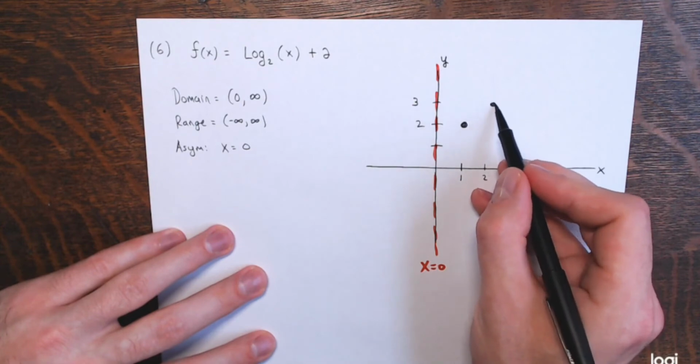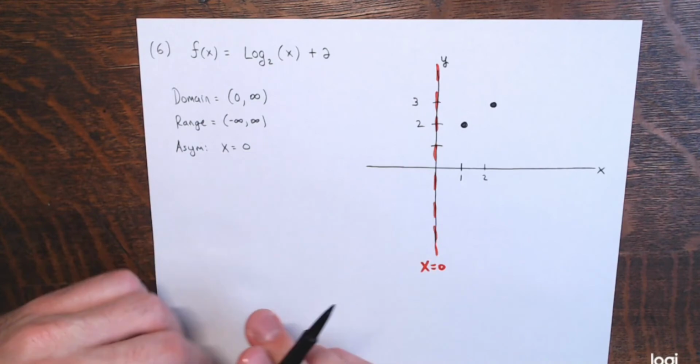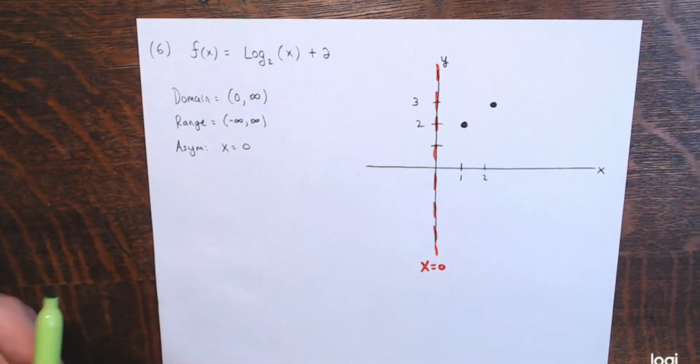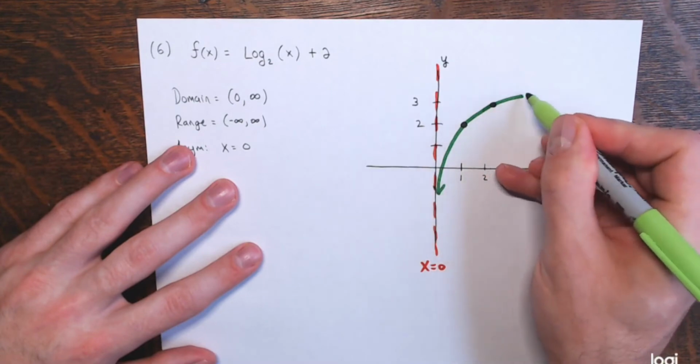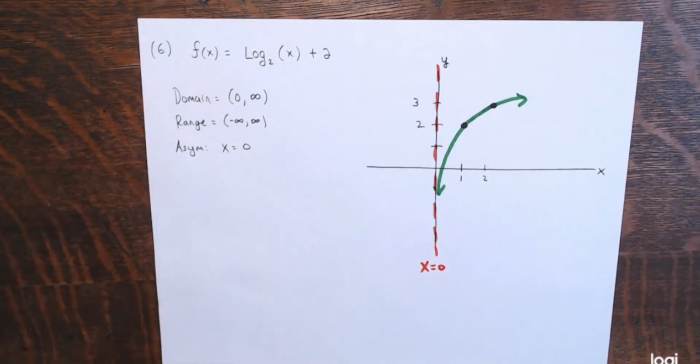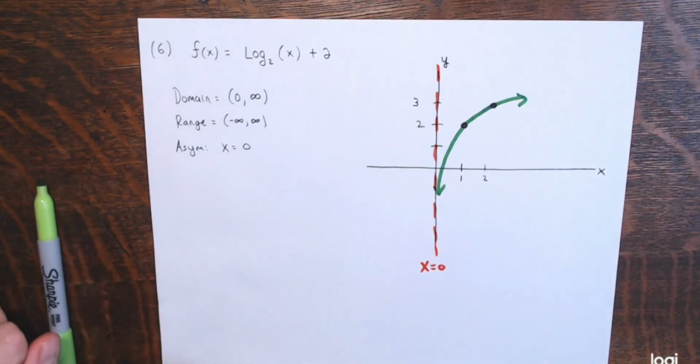And then just based on this, it looks like it's an increasing function. It's going up as you move to the right, and it has the y-axis as an asymptote. So something like this. Once you have a couple points, you can plot other points if you wish.